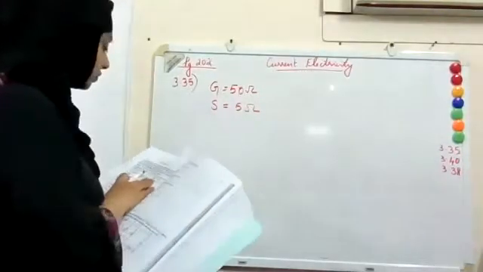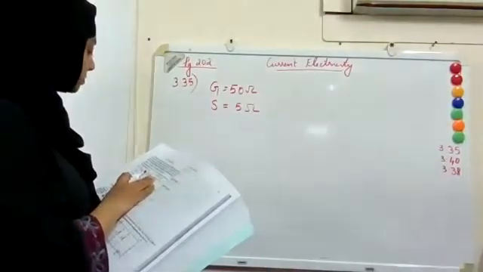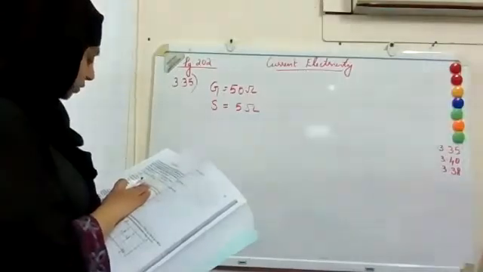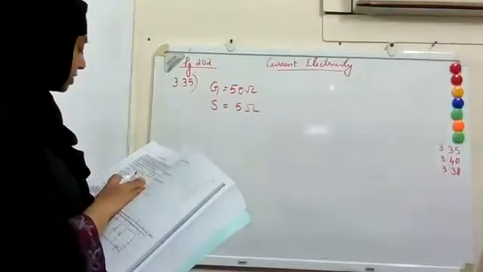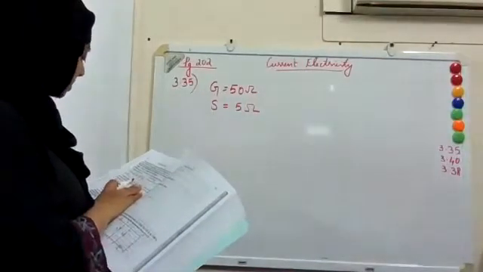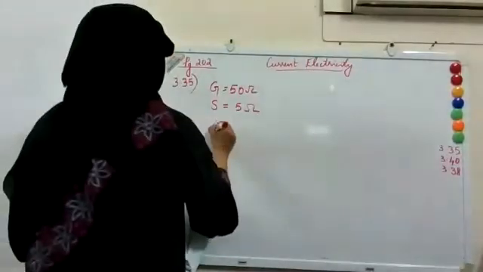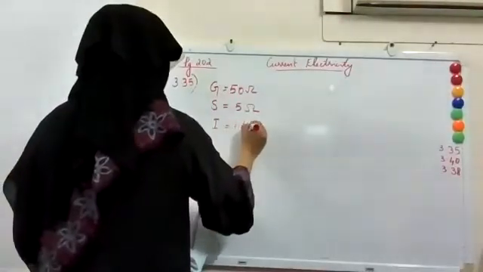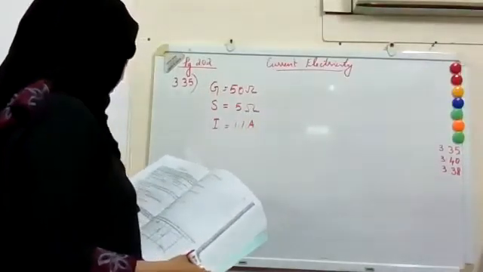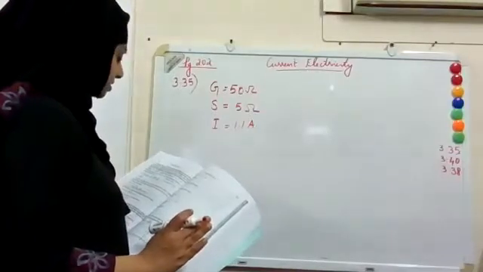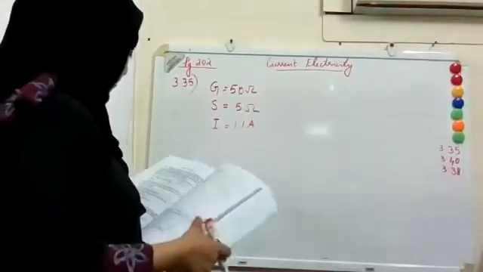They have told that the main current I is equal to 1.1 ampere. To keep the magnitude of the main current unchanged, how much resistance is to be connected with the circuit?